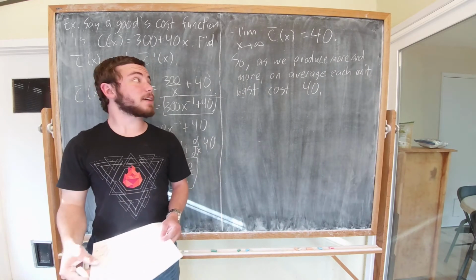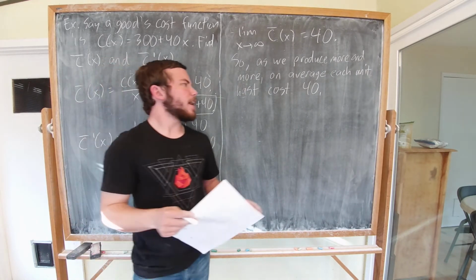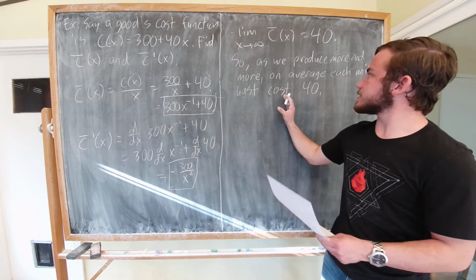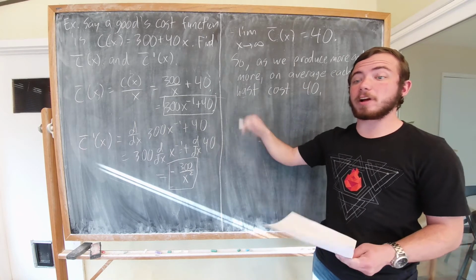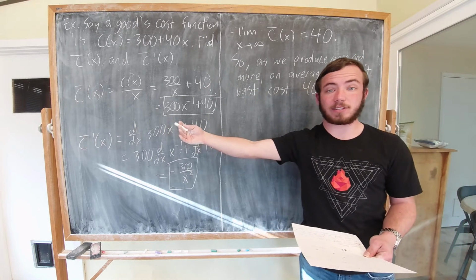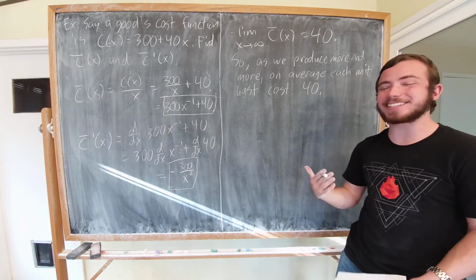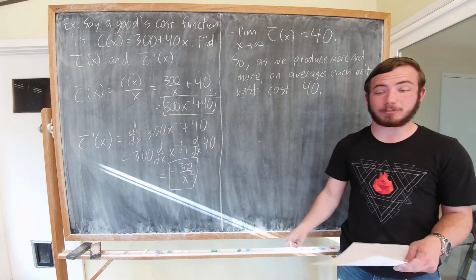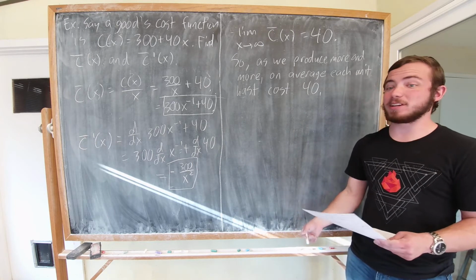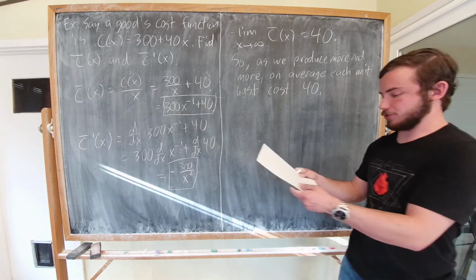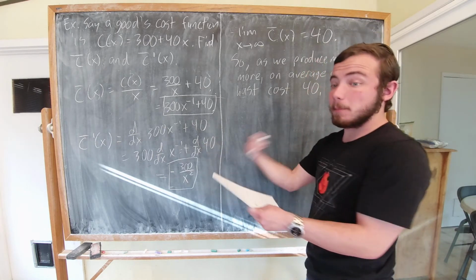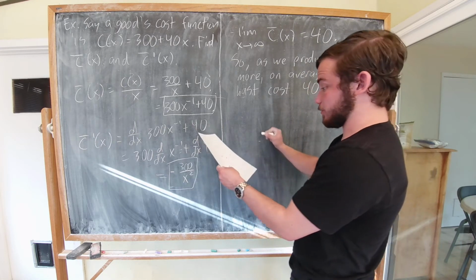That's a good thing to know, because it says, as the number of units you produce gets larger and larger, eventually your cost stabilizes. And that's a good thing, right? If that cost shoots up towards infinity, then maybe you need to find a more efficient way to produce your product, because it's going to be costing you more and more each unit you produce.